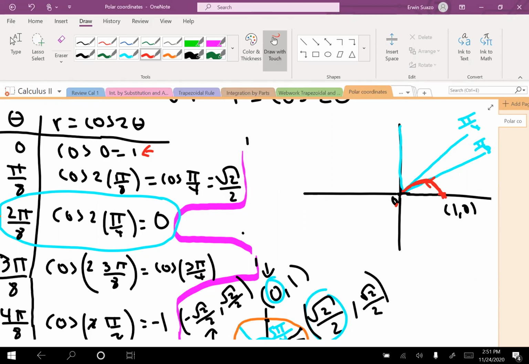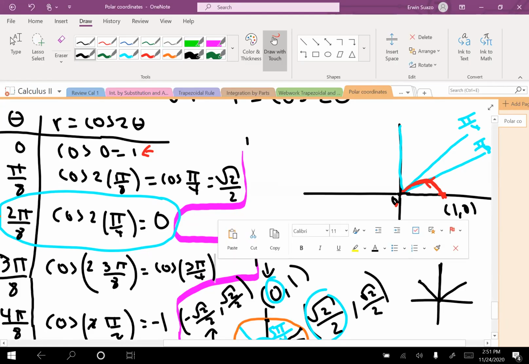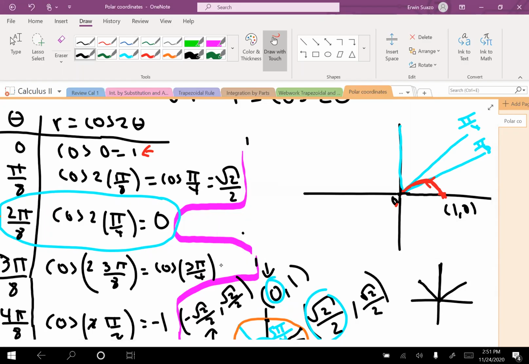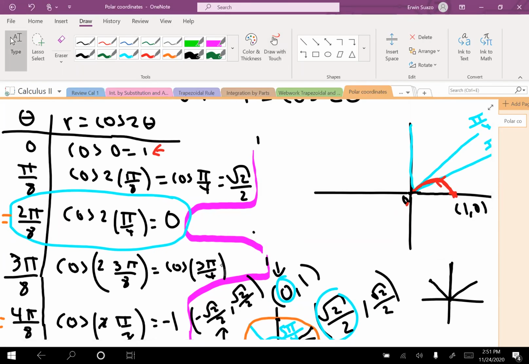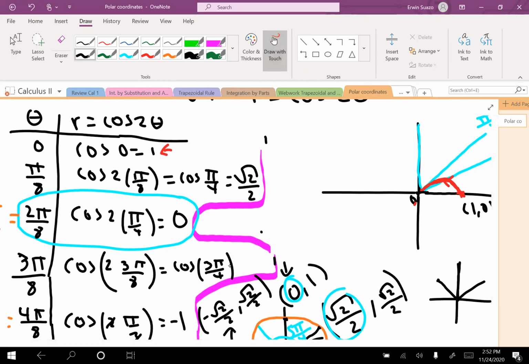I was confusing a little bit because this is pi over 4. This is 2 pi over 4. This is 3 pi over 4. So that is indeed minus square root of 2 over 2. So I was getting confused with the 8s, but it's good. Minus square root 2 divided by 2. Okay. Is this one. Right?